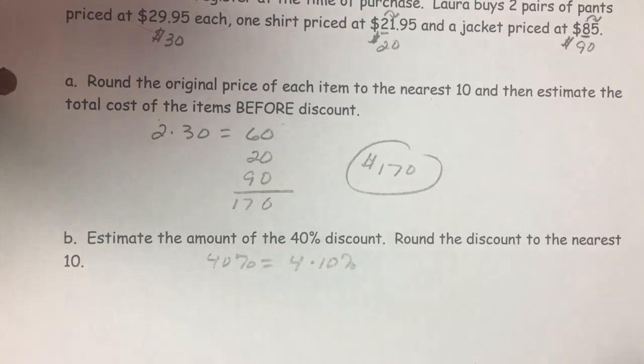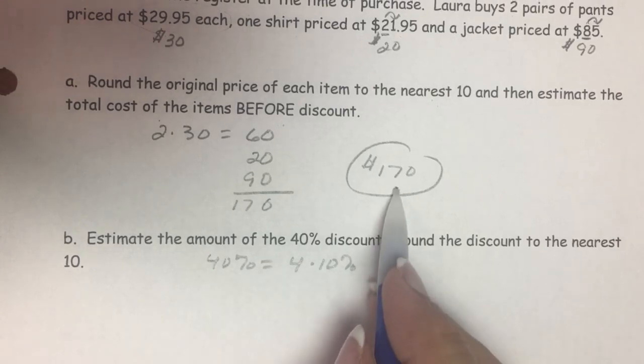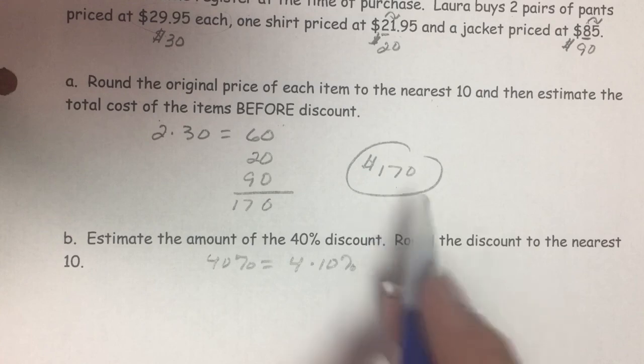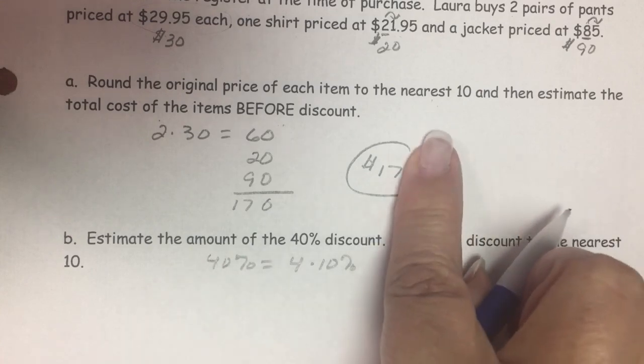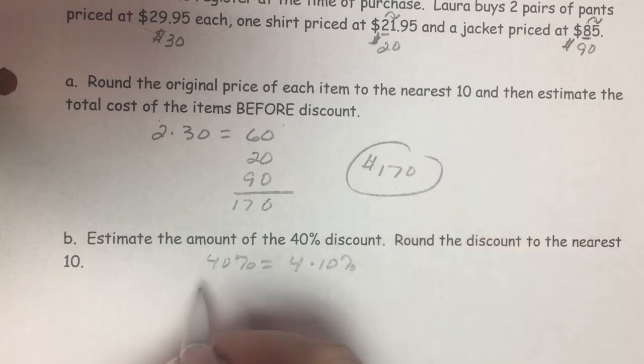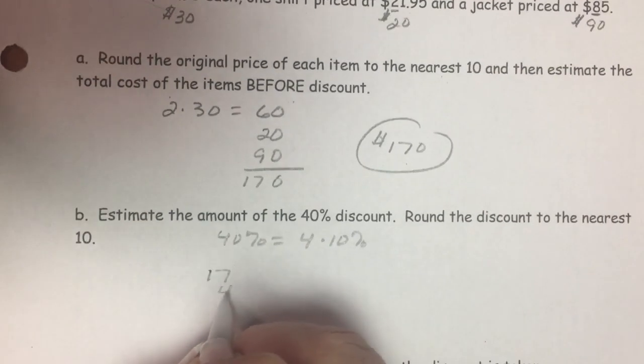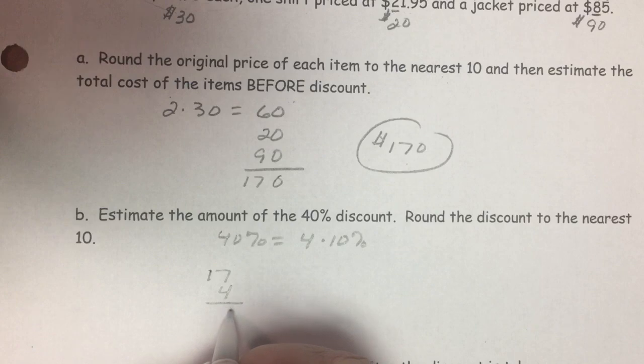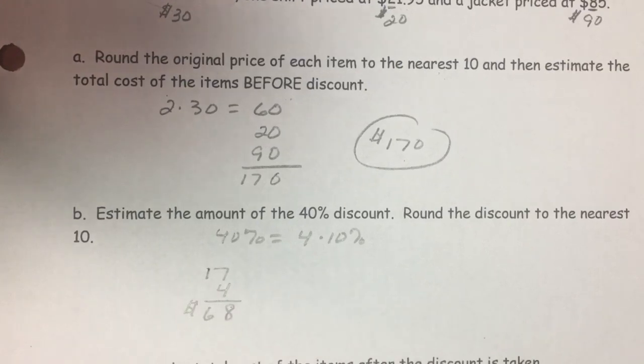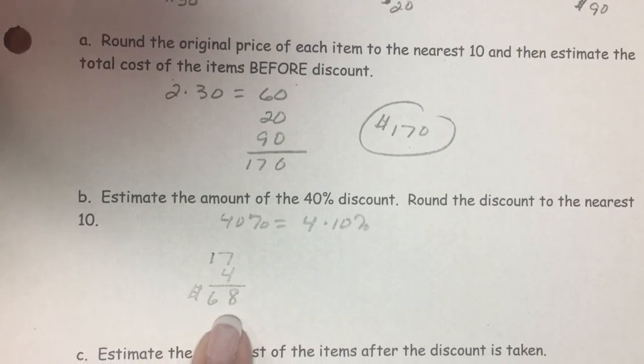So I think that would be an easy way to do it. Okay, so if I take 170 and find 10%, chop off the last digit, so that would be $17. And then I'm going to multiply that by 4. So that's going to be $68. So there's an estimate of the discount of 40%.